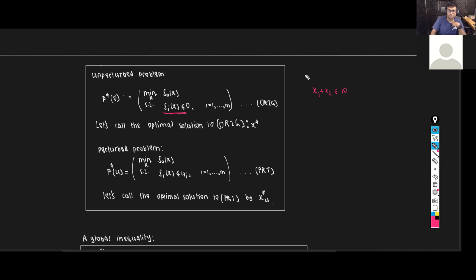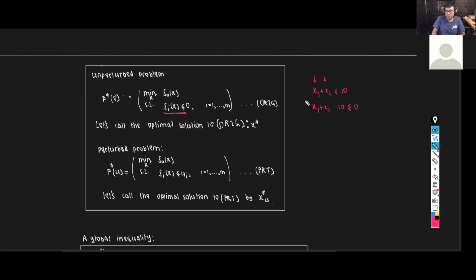For example, the sum of these two variables has to be less than or equal to 10. In our format, we always write it as x1 plus x2 minus 10 less than or equal to 0.